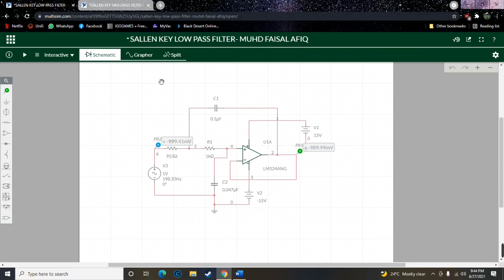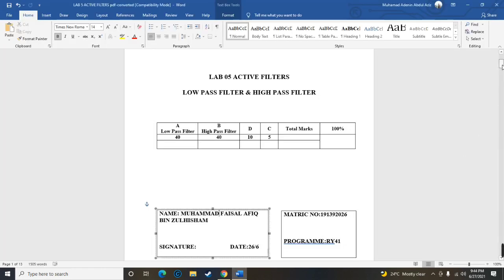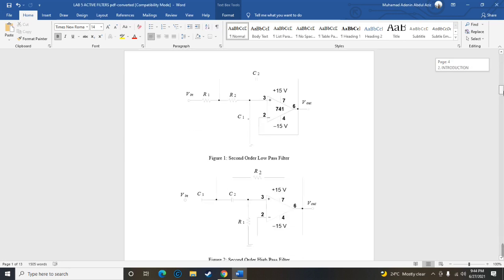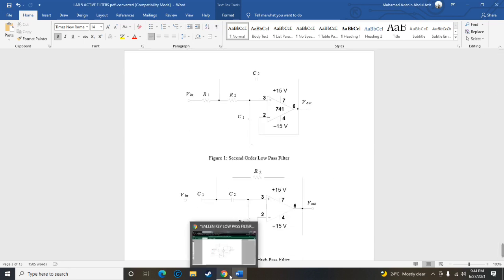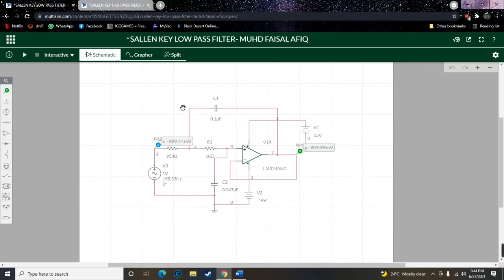This is a circuit for low pass filter and high pass filter. The circuit I just showed you is a Sallen-Key low pass filter. Now I will be doing the simulation.